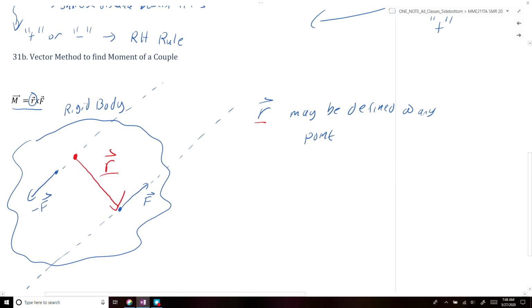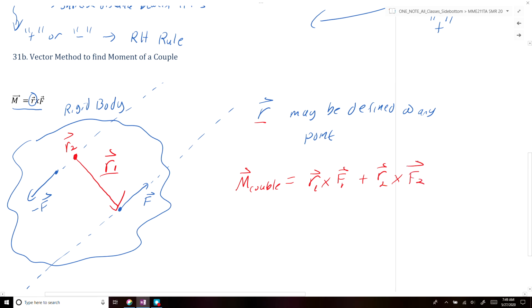The reason we do this is we know that the moment caused by our couple is going to be equal to r1 cross F1 plus r2 cross F2.